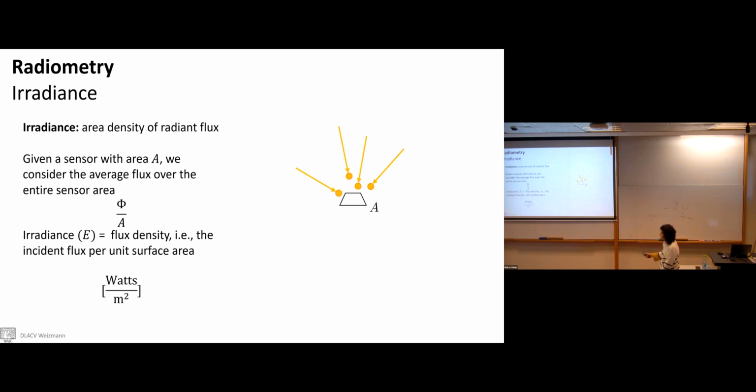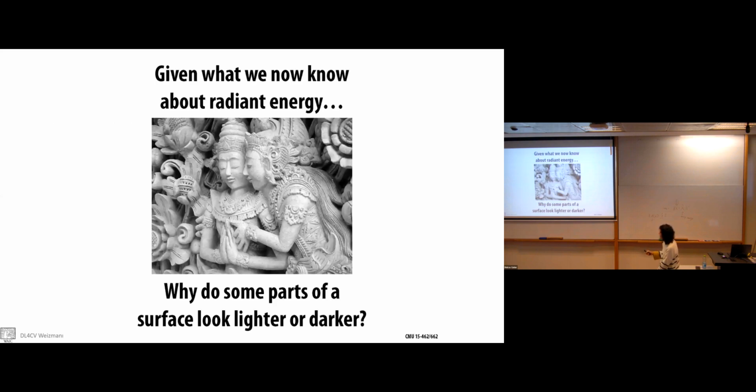The units are watts per square meter, okay? Is it clear? Okay. Let's move on. So I'm asking again the question, why do some parts of the surface look darker? This is related to the irradiance that we just defined.